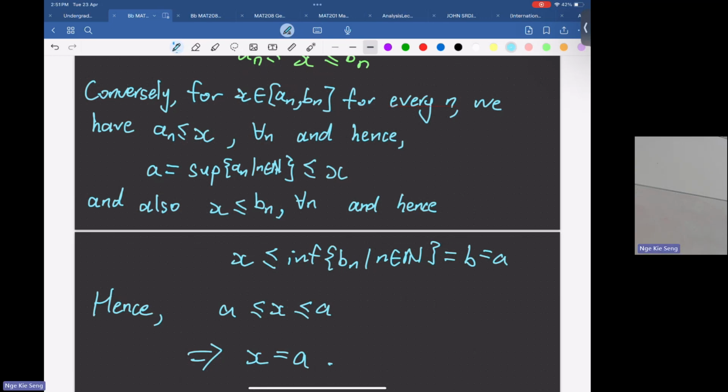I'm not sure how to think about that. Maybe you can try and formulate it further. Yeah. Any other question? Any other question about the proof?